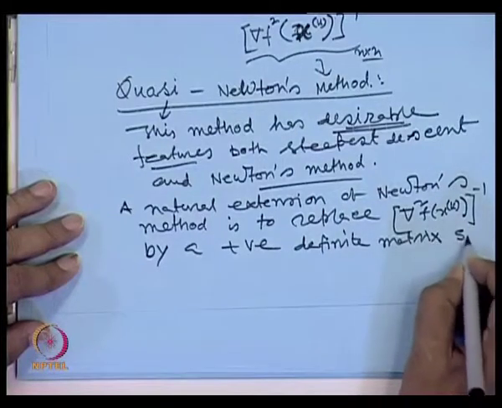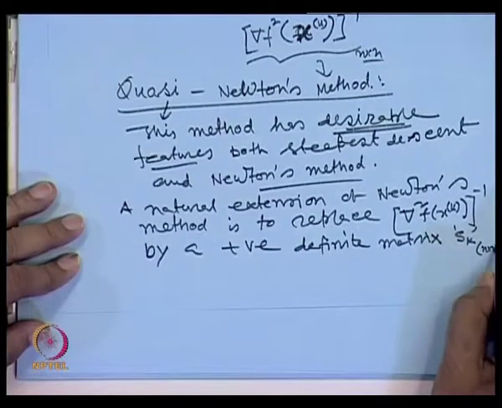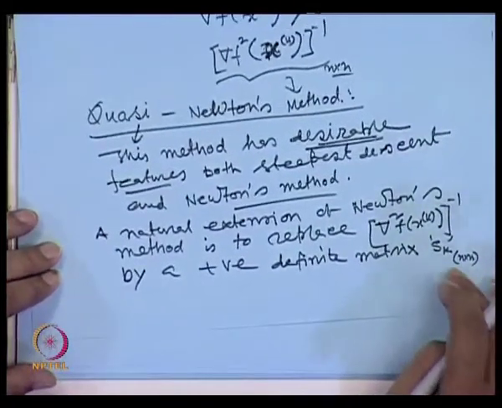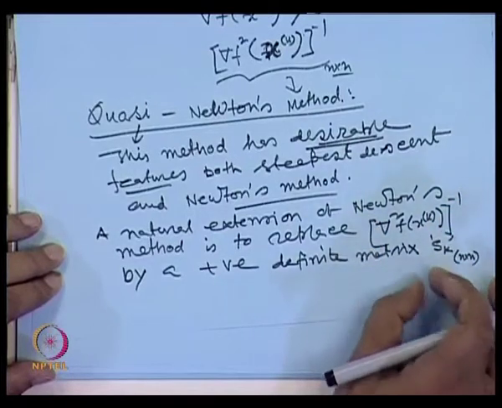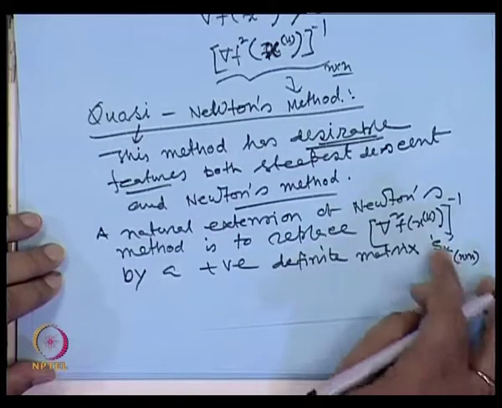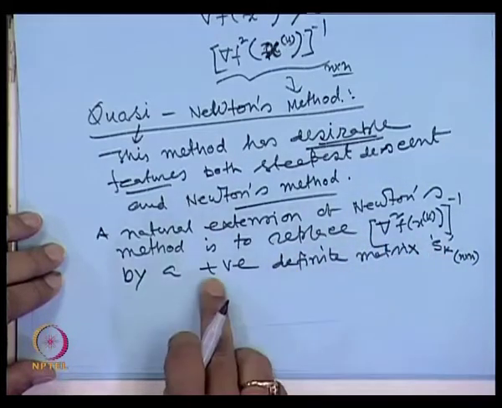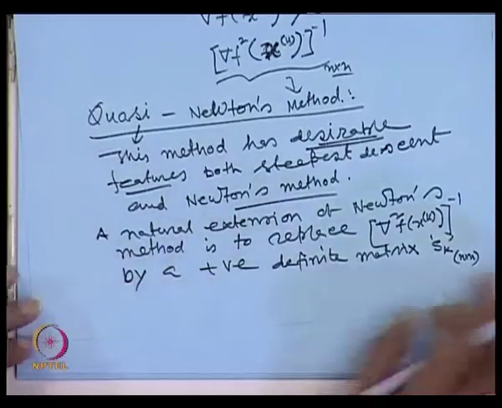Say the matrix is S k, whose dimension is n cross n, because the Hessian matrix dimension is n cross n. So I am replacing the inverse by a matrix S of suffix k, meaning the kth iteration. This matrix should be positive definite in order to move in the descent direction.